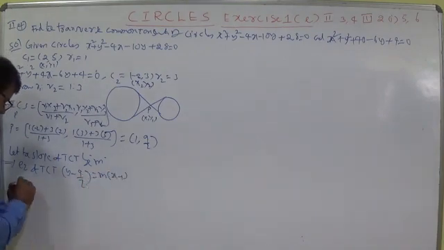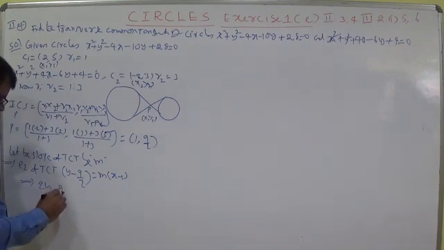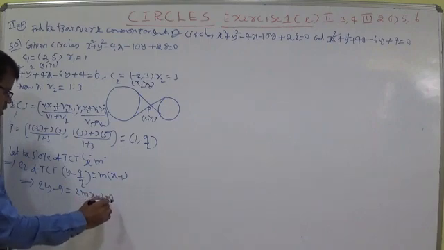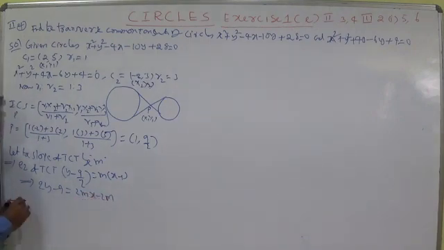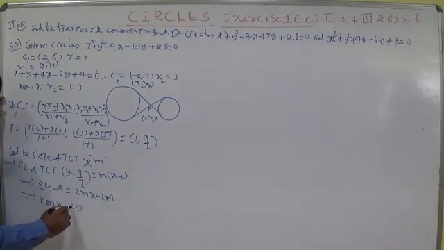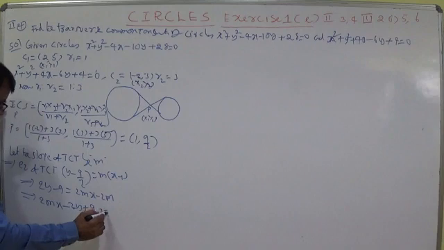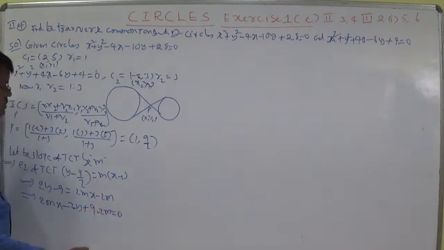By taking LCM, you can write 2y minus 9 is equal to 2mx minus 2m. That implies 2mx minus 2y plus 9 minus 2m equal to 0.